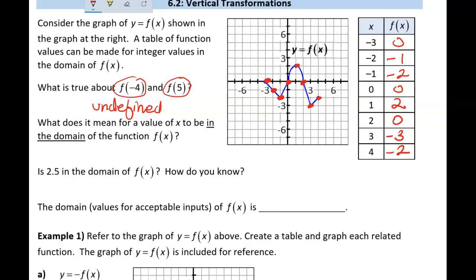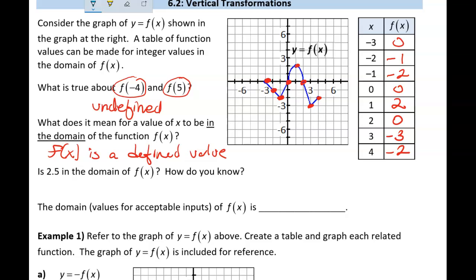And so that means that the domain of the function is all of the x values for which f of x is a defined value. So -4 and 5 are not in the domain because f of those values is not defined.